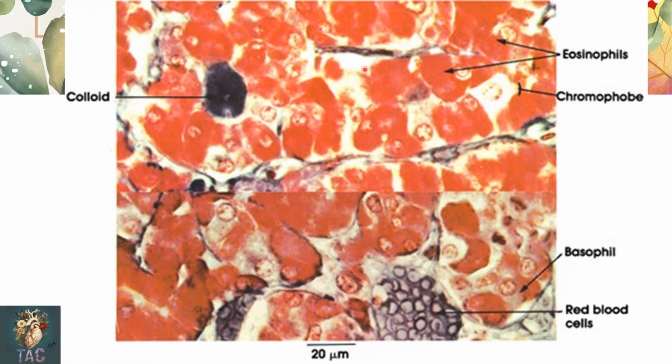Another slide in which you can see these are the eosinophils, and in addition the chromophobes are present over here. Here you can see the basophils as well. These are the larger capillaries which contain the RBCs, and here you can see the red blood cells, colloid as well.